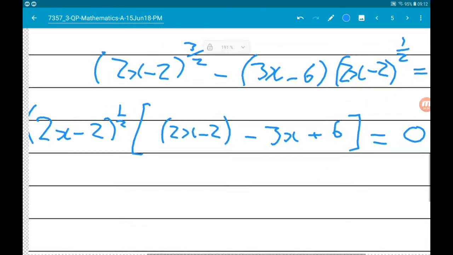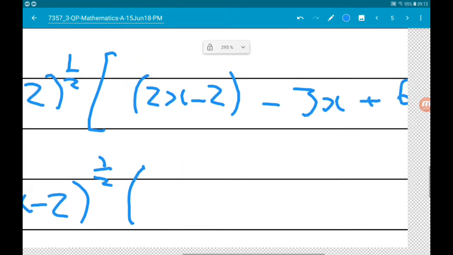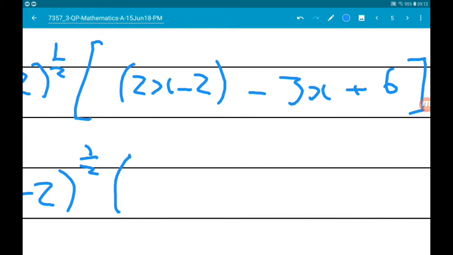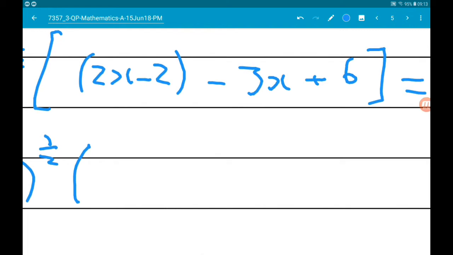So now we got 2x minus 2 to the power of a half times, so we got 2x minus 3x, so that's going to give us a minus x, and we got a minus 2 add 6, so that's going to give us 4, so let's write that as 4 minus x.